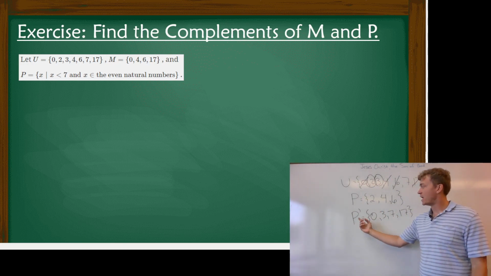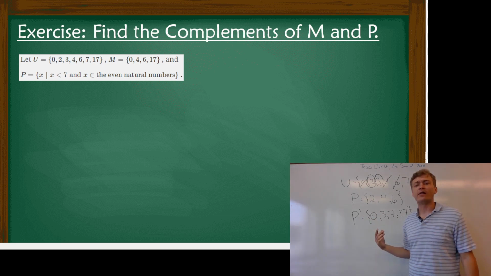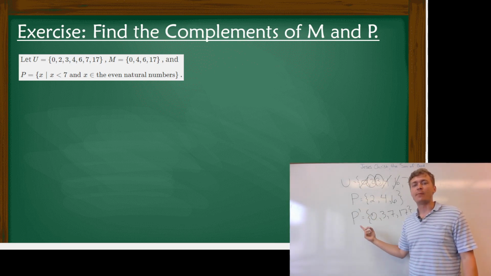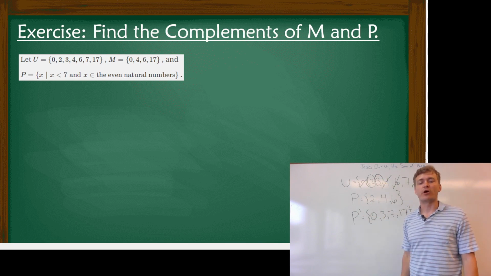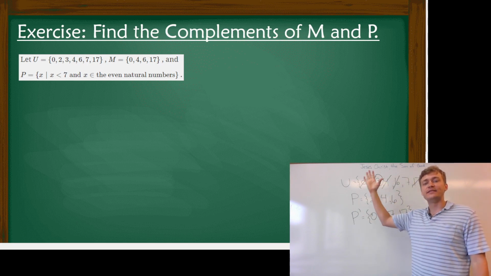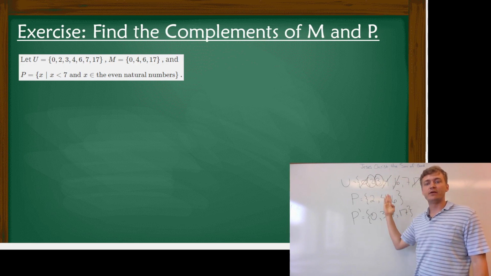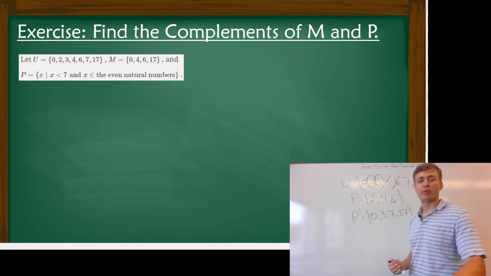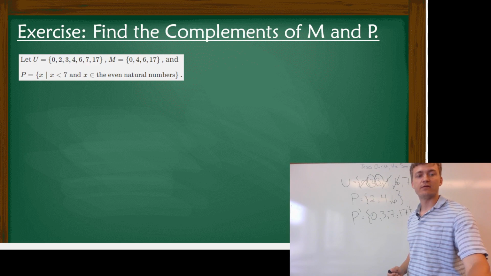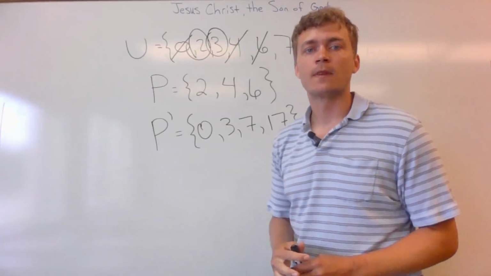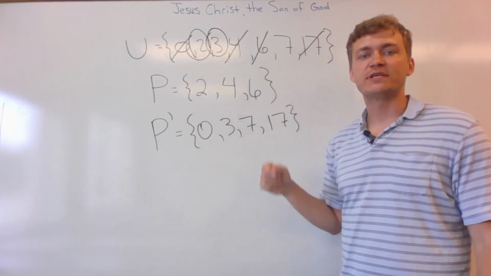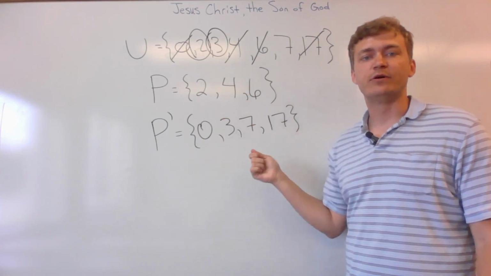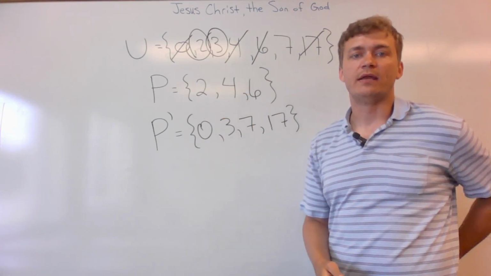Of course, if you think about it, adding up the cardinality of any set and its complement should give the same as the cardinality of U, because that is the set of elements being considered for any set and its complement. I'll go to the full screen so that we can see that. If P is 2, 4, and 6, then P complement is 0, 3, 7, and 17.